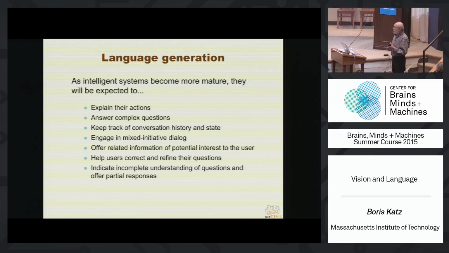You want your machine or your robot to answer questions which are complex, and the robot may want to ask you about it for clarification. You want to keep track of conversation history and state, engage in mixed initiative dialogue, offer related information. So all these things need to happen in a dialogue, and therefore your computer must be able to speak to you in a language that you understand.